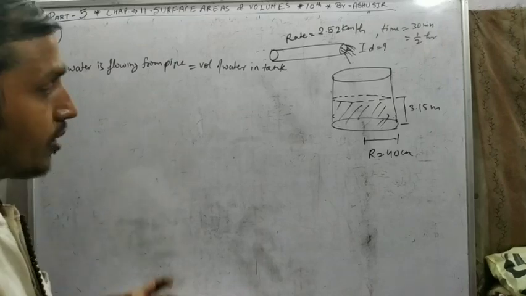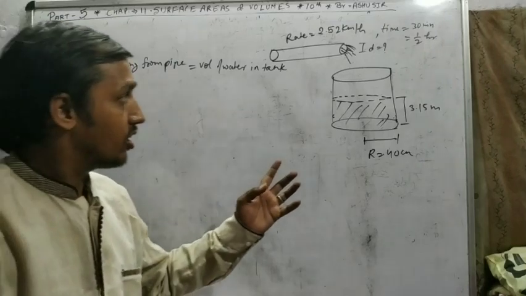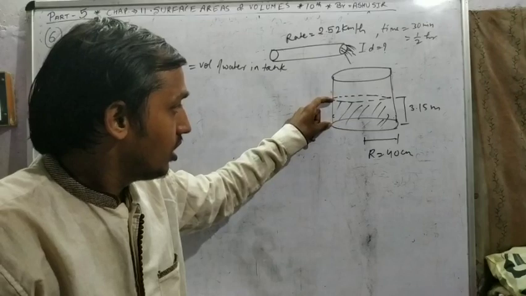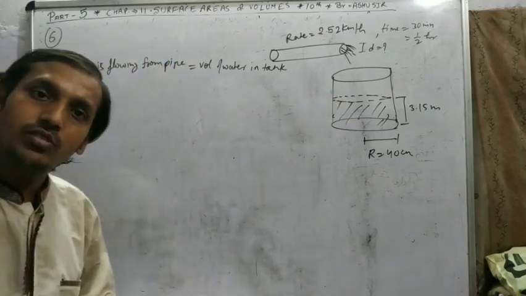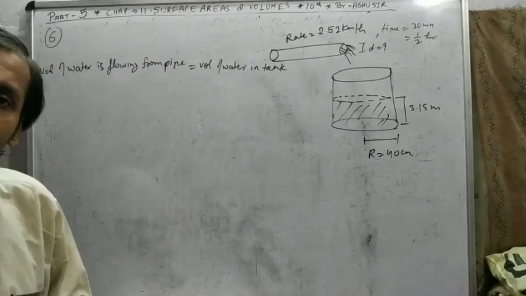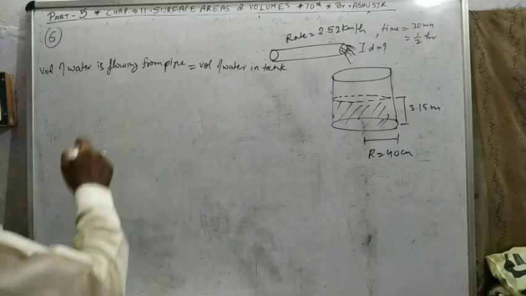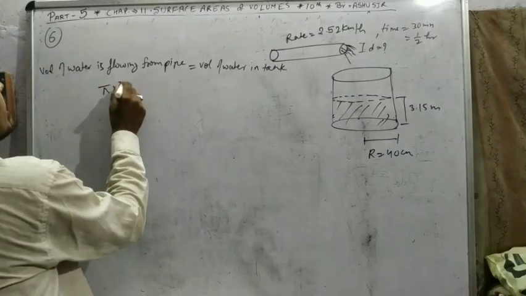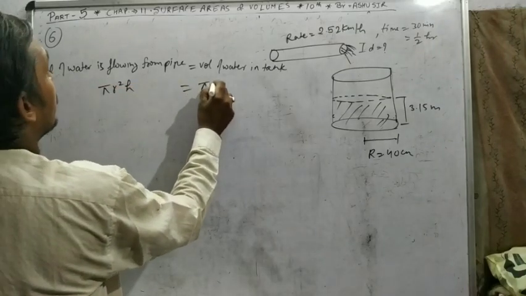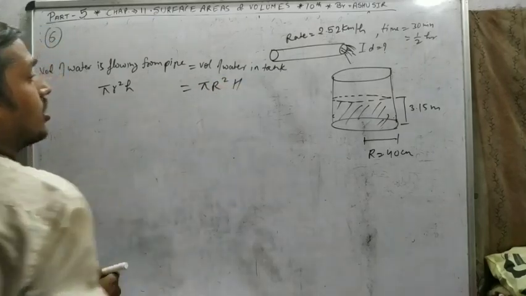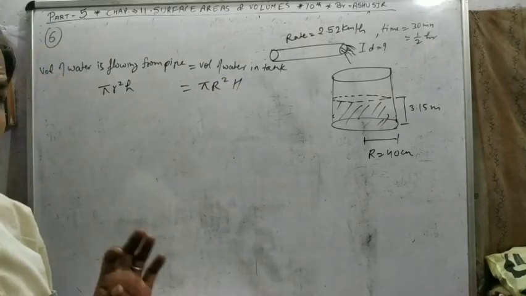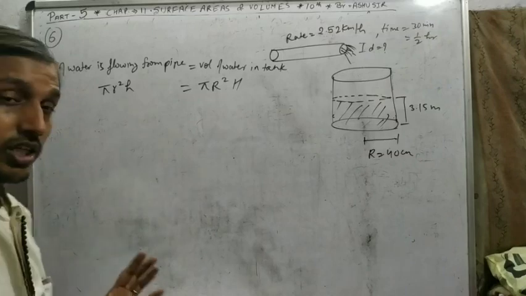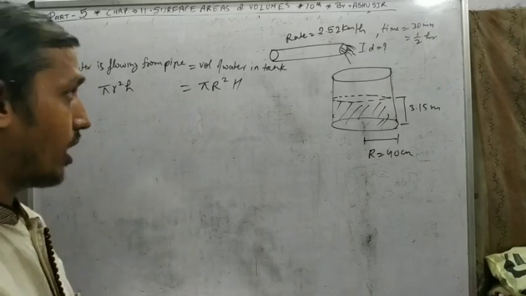If water is flowing from the pipe, so the flowing water and the stored water have the same volume. Both are in cylindrical form. So we can say this volume is pi r square h and this volume is pi r square h. That's a very good trick for exam. If you do not understand, ask me and I will explain next.